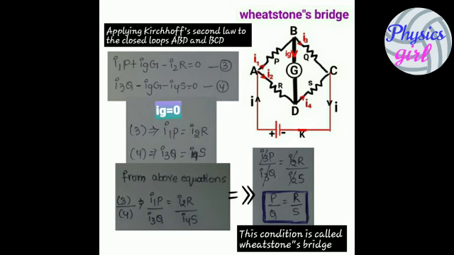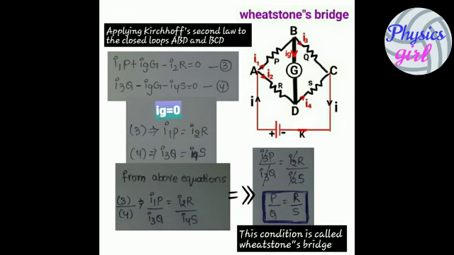Now we are substituting Ig equal to 0 in equation 3. Then we get I1P minus I2R is equal to 0. That implies I1P is equal to I2R. Now substituting Ig equal to 0 in equation 4, we get I3Q minus I4S is equal to 0, which implies I3Q is equal to I4S.